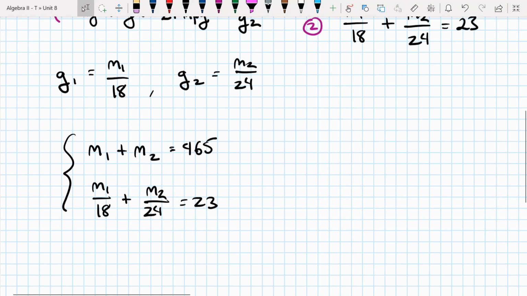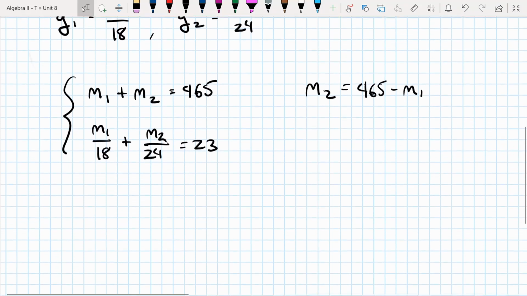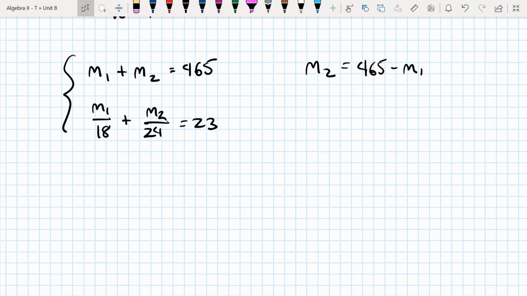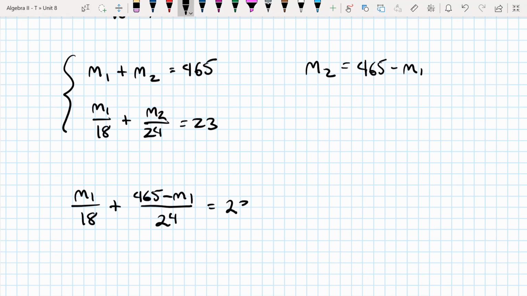So let's take the first equation and solve for m2: 465 minus m1, so we subtracted m1 on both sides. If we do that, we can rewrite the second equation as m1 over 18 plus (465 minus m1) over 24 equals 23.